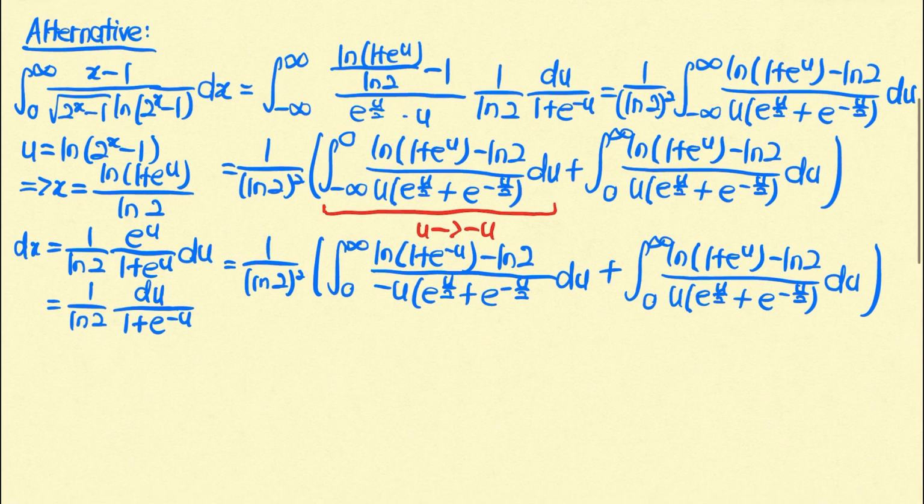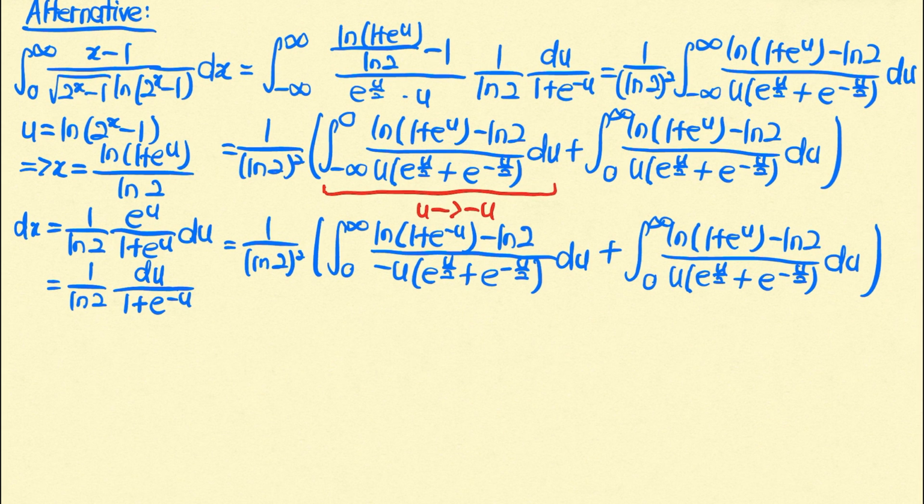Okay, now what we can see over here is that we can take this negative sign and multiply it on the top, and what you will eventually get, which you can check, is that most of the terms will be cancelled off, and the thing that we are left with is just the integral from 0 to infinity of 1 over (e^(u/2) plus e^(negative u/2)) du.